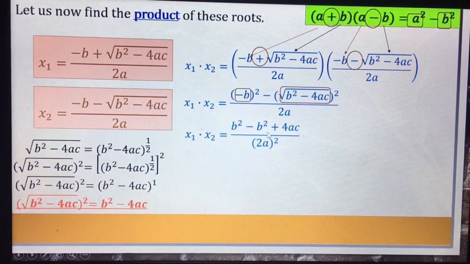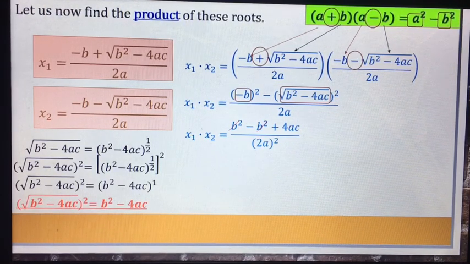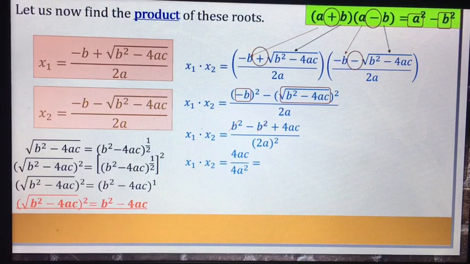That is why it became like that. Is that understood? Now, just combine like terms. We cancel the two b squared terms, because b squared minus b squared equals 0. What remains is 4ac over 4a squared, meaning 4 times a times c over 4 times a times a.